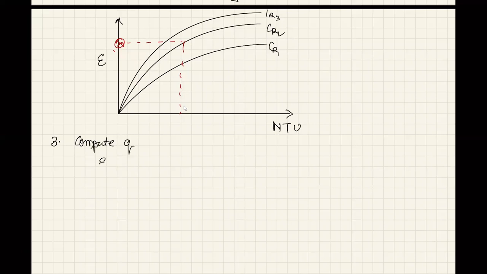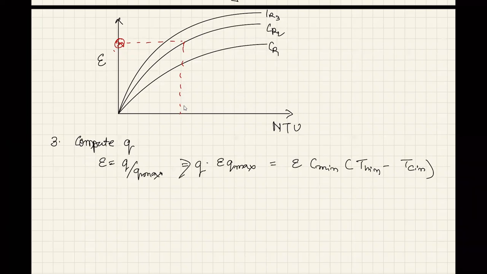Epsilon times Q max, which will be epsilon times C min into THN minus TC. That implies Q is equal to this. So you can get the value of Q.